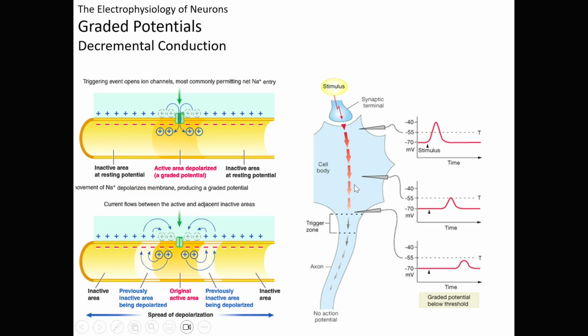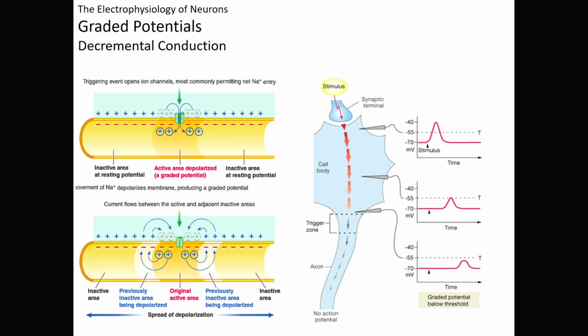When you stimulated this neuron right here, the recording electrode in that location close to the stimulus saw this big graded potential. And note here they've marked on this figure the threshold potential, which is the potential that is needed to get us an action potential. And in this location of the neuron, very close to where the stimulus occurred, the graded potential was above the threshold.